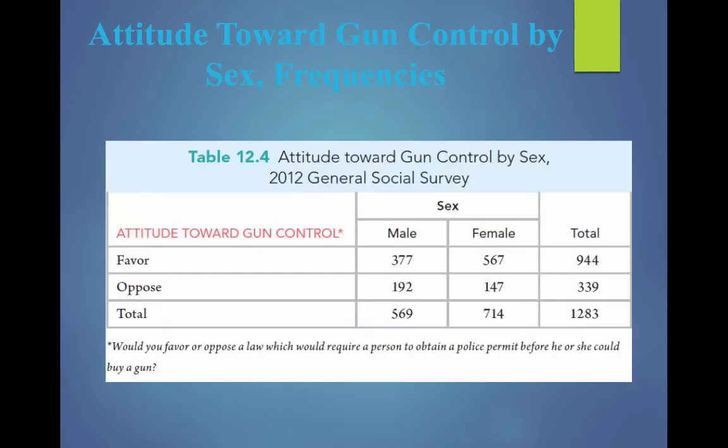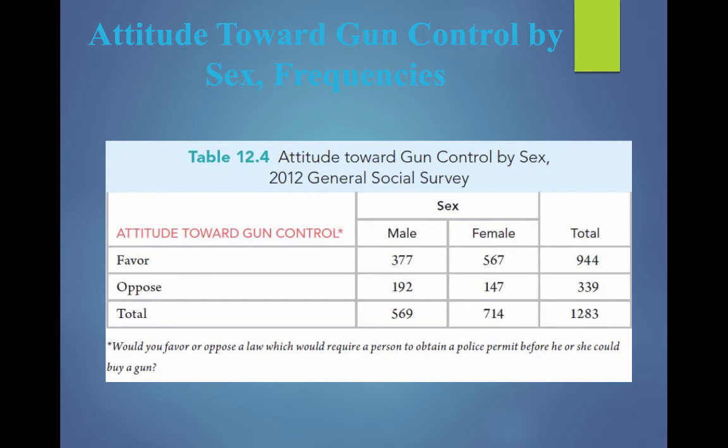So one example here would be attitude towards gun control by sex. Again, looking at a frequency distribution, how many people respond. Instead of just saying how many males or females are in the survey, as the descriptive statistics are doing, we look at this in a way to actually, inferentially, measure what the relationship is between a question about gun control and that other variable, in this case, sex.